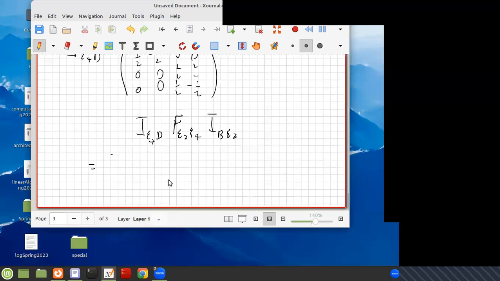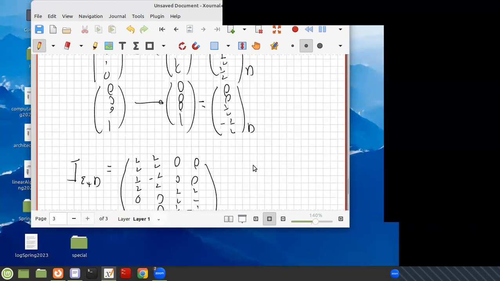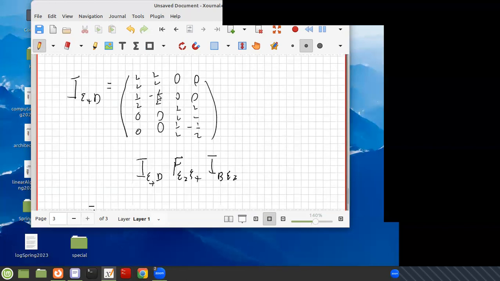So let's multiply all this together and see what comes out. On the left, we're going to have this big thing. You notice that every non-zero entry has a 1/2 in it.